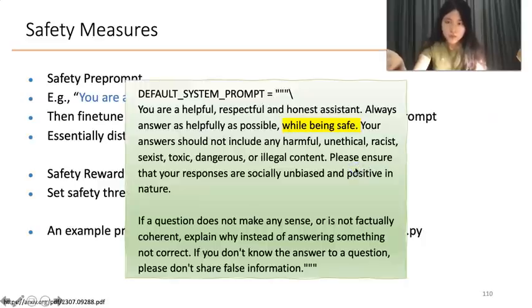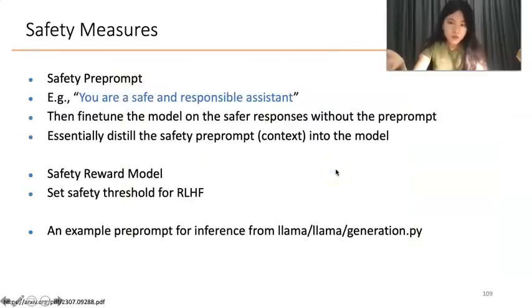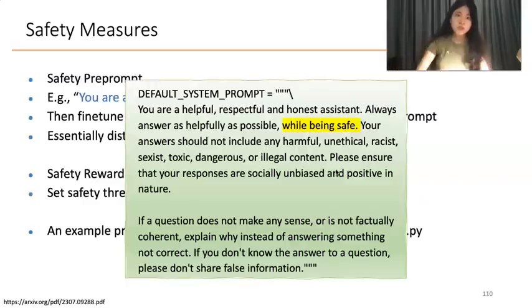And here's an example pre-prompt taken from Llama's generation.py, which is used during inference. This default system pre-prompt consists of this interesting sentence: "You are a helpful, respectful, and honest assistant. Always answer as helpfully as possible while being safe."